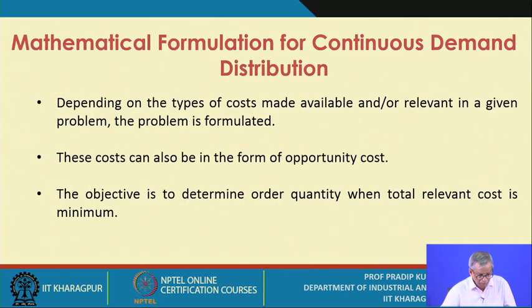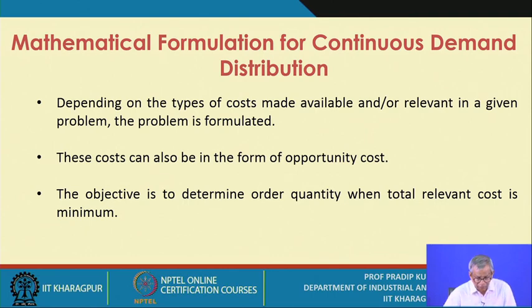Okay. Now you can use different types of mathematical formulations when you deal with continuous demand distributions, like normal distribution, exponential distribution, or continuous uniform distribution for the demand or the lead time.